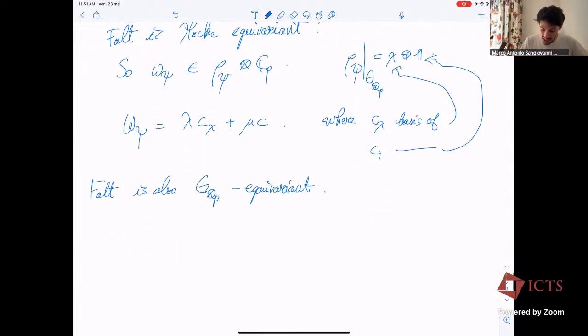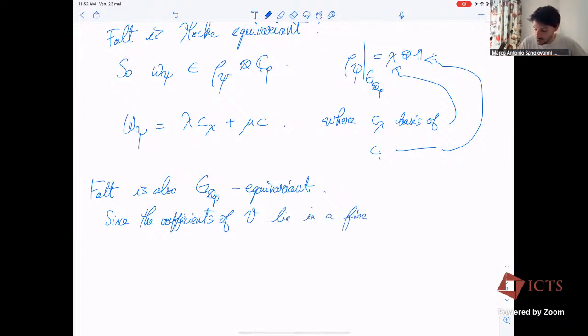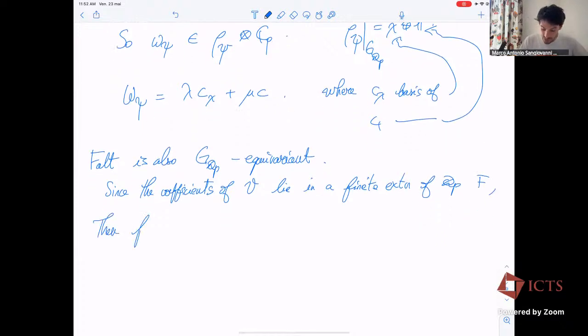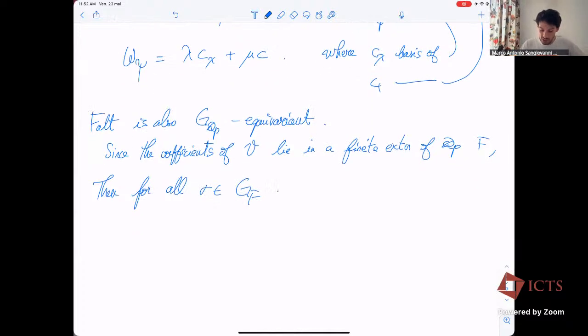So this means that since the coefficients of theta lie in a finite extension of Q_p, let me denote it by say F, then for all sigma in G_F, you know that omega psi of sigma is omega psi.